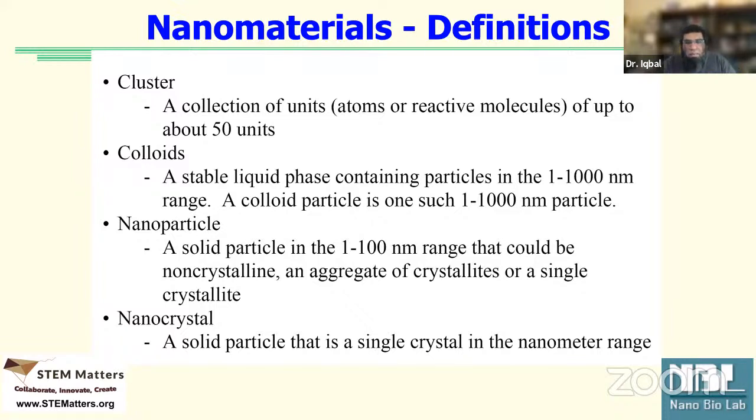They all are in the same size scale, but many times how they come together or what their specific properties are differentiates them. For example, nanocrystals, quantum dots belong to nanocrystals, although they are nanoparticles by size, right? A nanoparticle is a solid particle in the size range of 1 to 100 nanometers. That could be non-crystalline, that could be crystalline, and that could be an optical crystal.